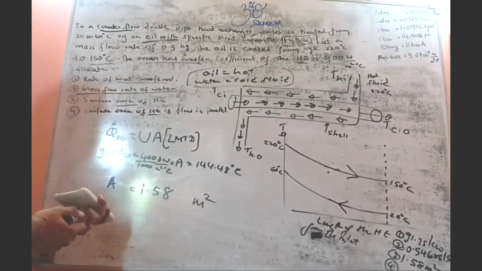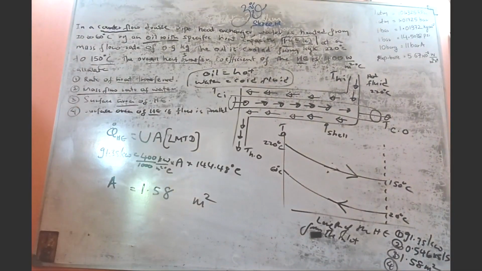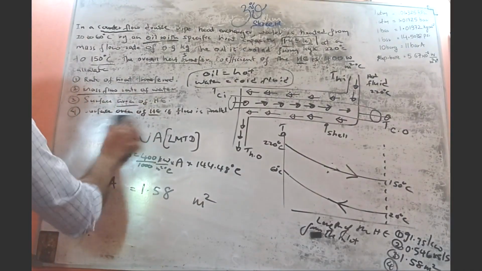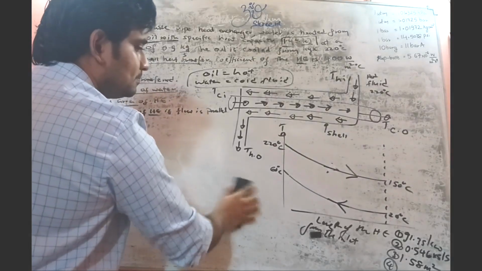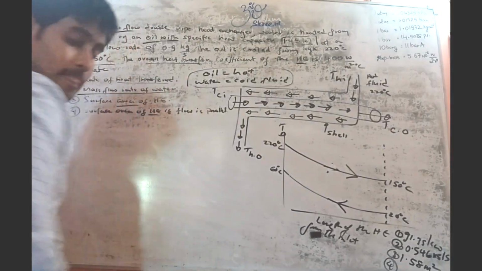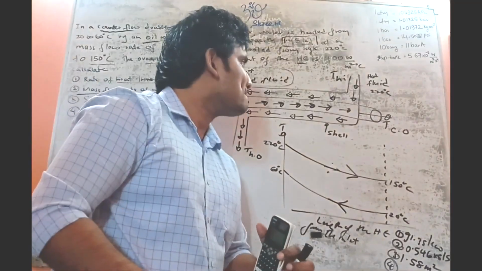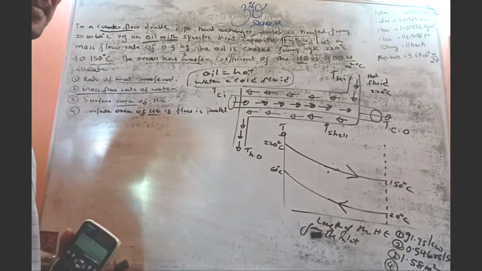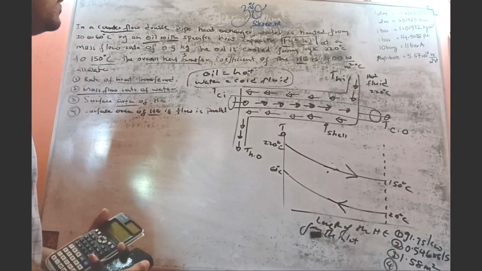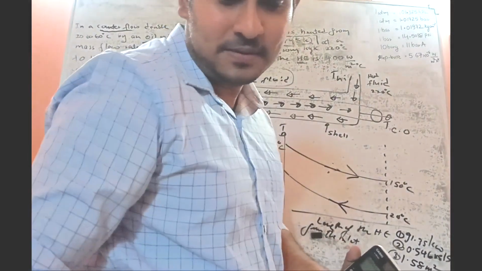Alright, so now the next part. What is the next part? The surface area of the heat exchanger if the flow is parallel, right? So how can we solve this type of problem?